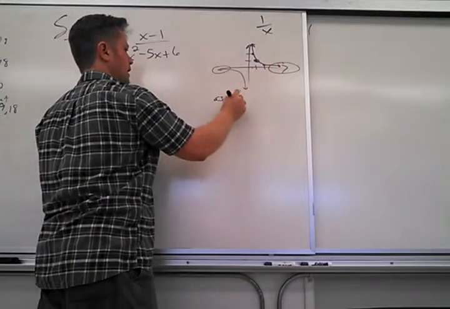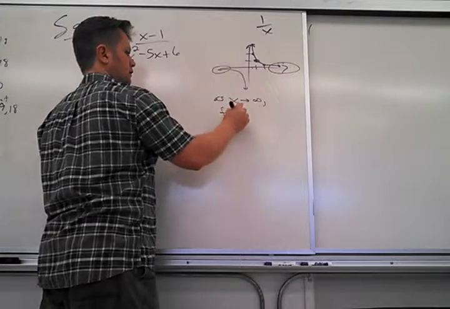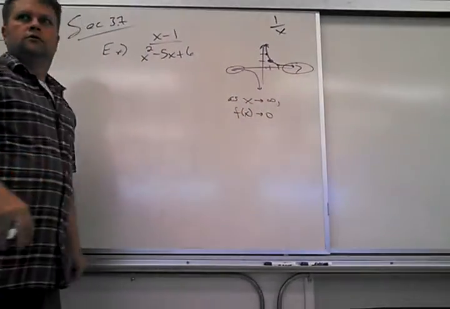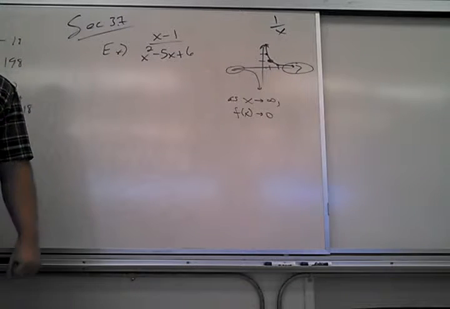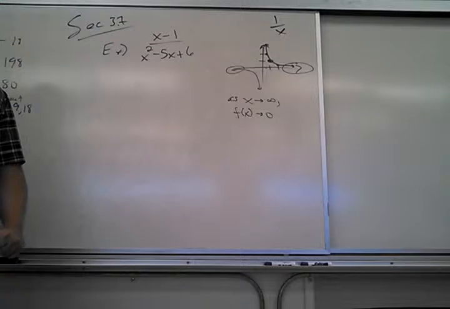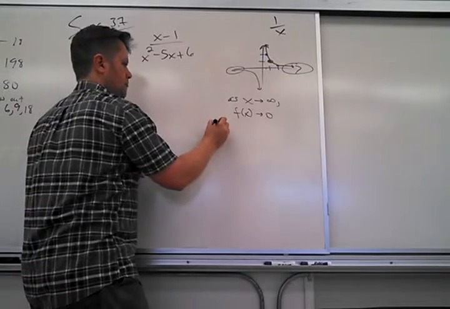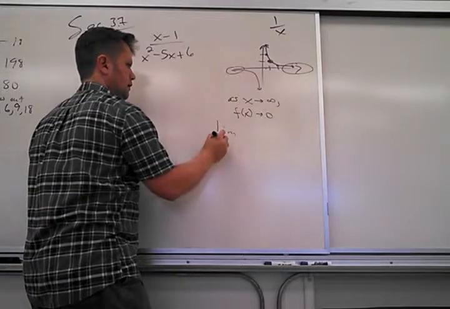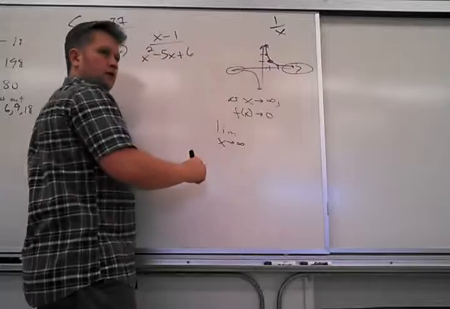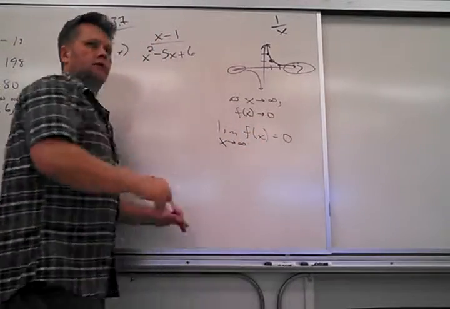So as x goes to infinity, f of x goes to 0. Now I'm going to go one step beyond that, especially for those of you who are going to go into calculus. One of the first things you're going to be doing is working with this kind of thing. The limit as x gets really big of the function is 0.